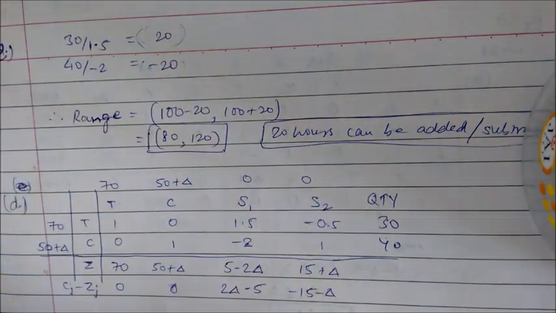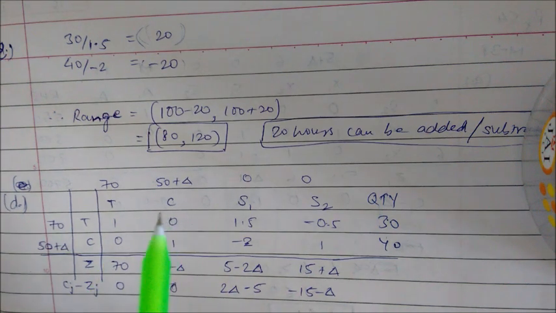Our initial resource for painting was 100, which was given in the initial problem. So what we are trying to find is by how much the painting hours can be increased or decreased in order to have the same basis solution.